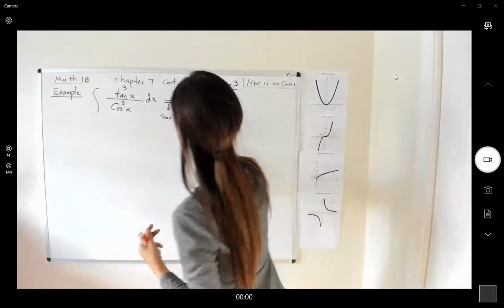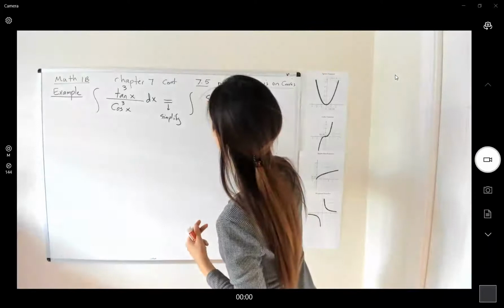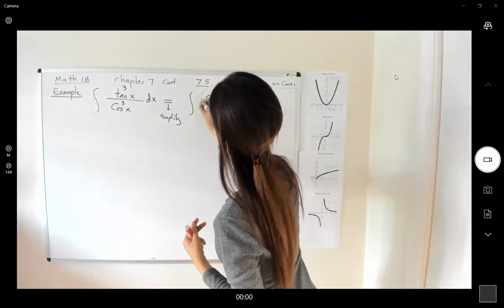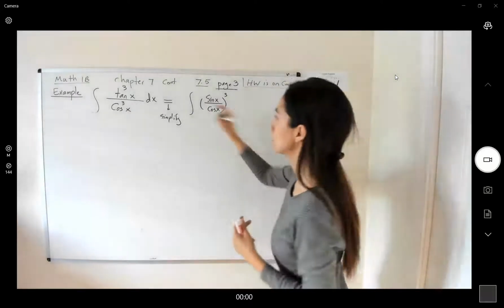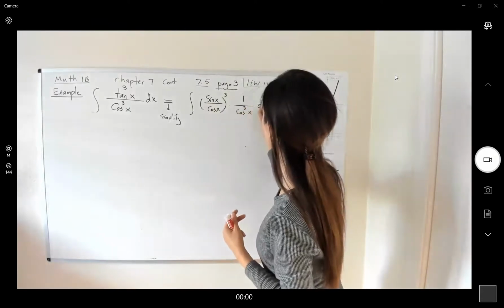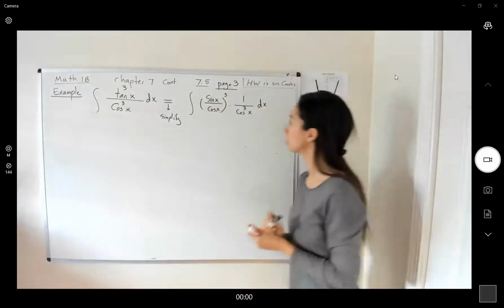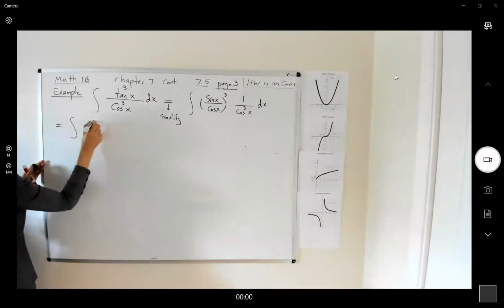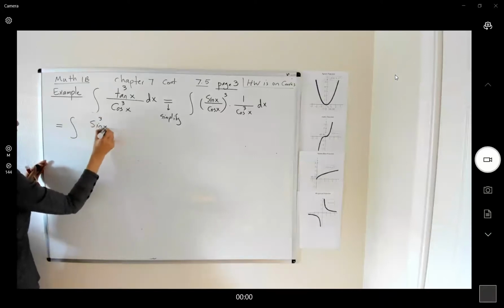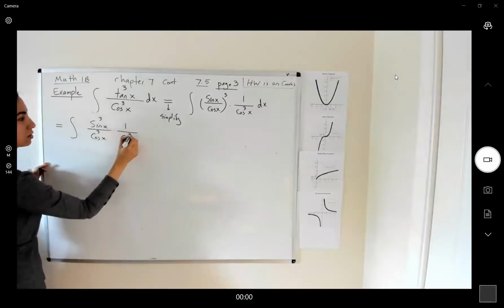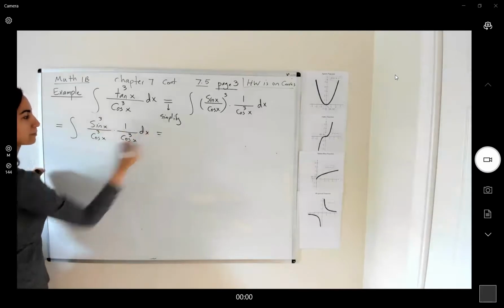So here you get the integral of sine over cosine to the third, this is my tangent, times 1 over cosine to the third of x dx. Very well. This integral can be written as the integral of sine to the third of x divided by cosine to the third of x times 1 over cosine to the third of x dx.